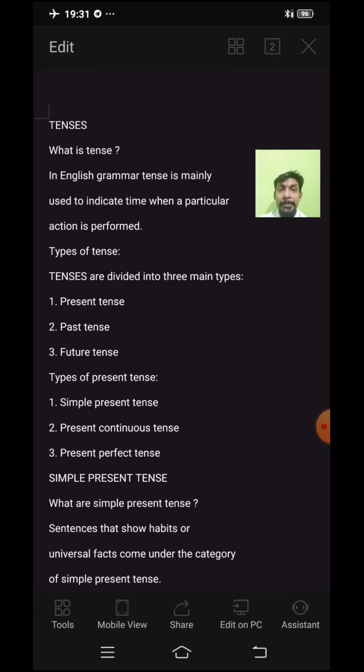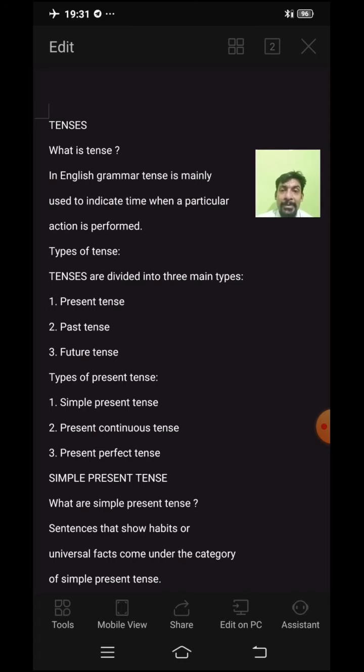Number 1 is simple present tense. Number 2 is present continuous tense. And number 3 is present perfect tense. In your syllabus, you need to study only the first category of present tense and the second category of present tense, not the third category. The third category you will understand in the next class, means class 5.